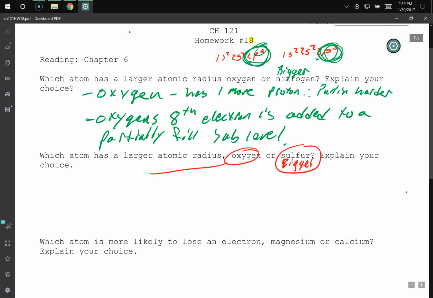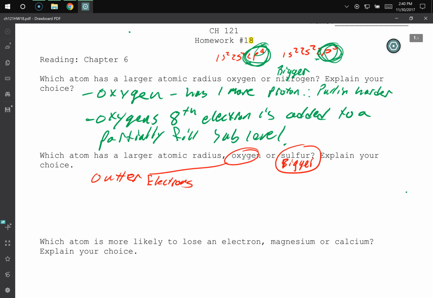The oxygen still has fewer electrons and the larger nucleus than the sulfur. Well, the sulfur has twice as many protons, right? So it's pulling twice as hard. But its outer electrons are where? Specifically? On the 3p sublevel. Excellent.